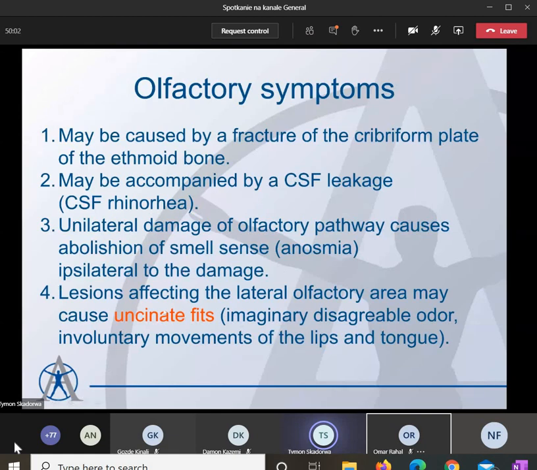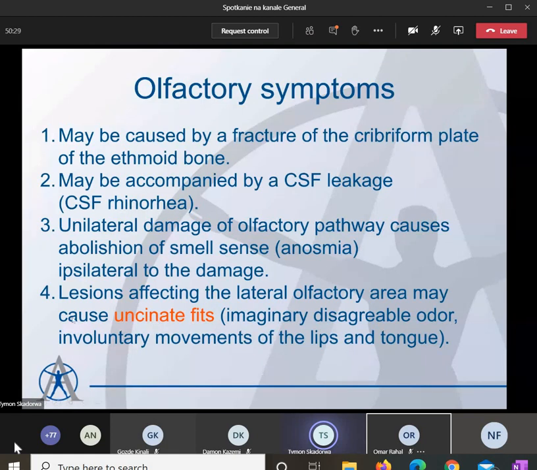Now, the lesions affecting the lateral olfactory area may cause uncinate fits, which are a kind of epileptic seizure. And these are the seizures or the attacks of imaginary disagreeable odor with involuntary movements of the lips and tongue.